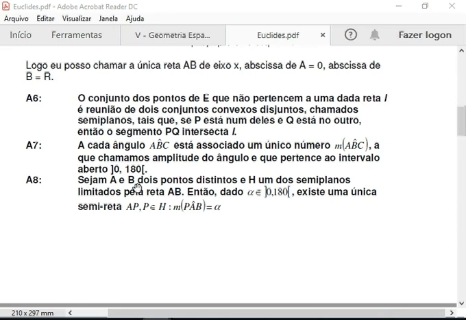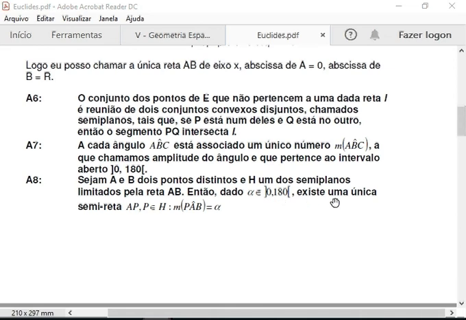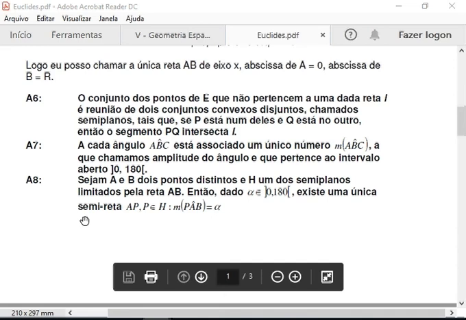Let A and B be two distinct points. Let H be one of the half planes determined by the straight line AB. Therefore, given alpha in the interval 0, 180, there is one only and single half straight line AP, P is in H, and the measure of the angle PAB is equal to alpha.